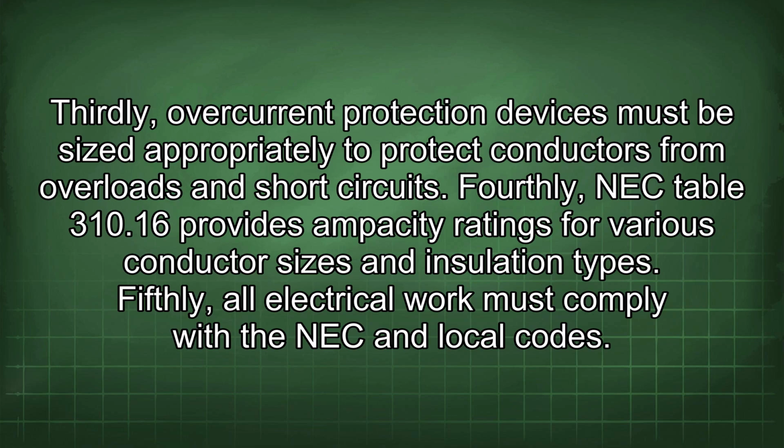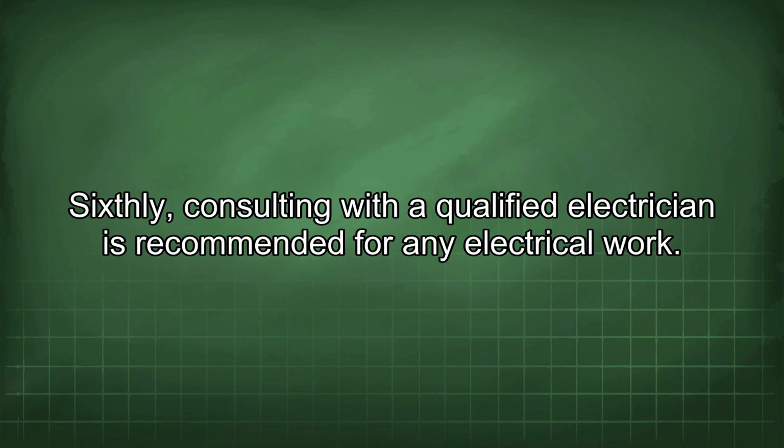Fourthly, NEC Table 310.16 provides ampacity ratings for various conductor sizes and insulation types. Fifthly, all electrical work must comply with the NEC and local codes. Sixthly, consulting with a qualified electrician is recommended for any electrical work.